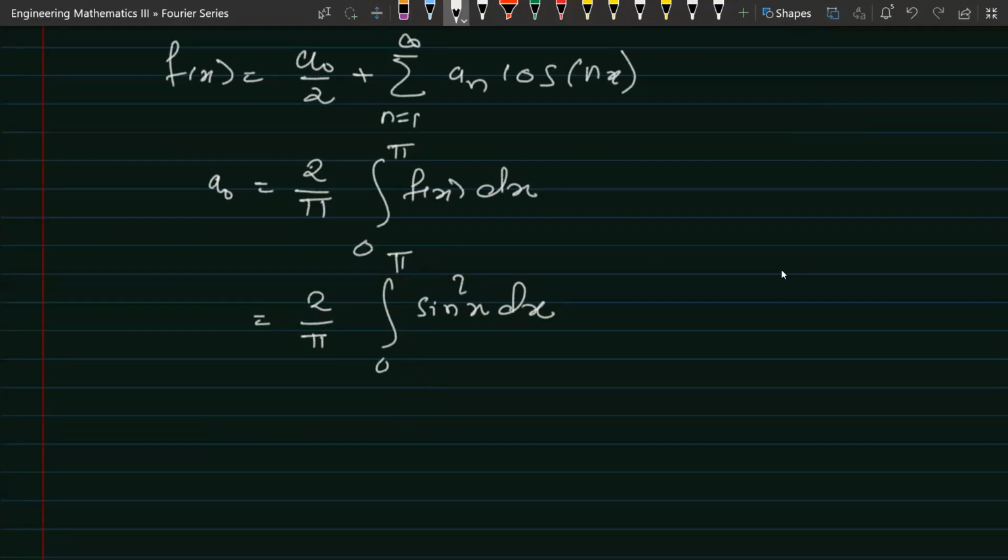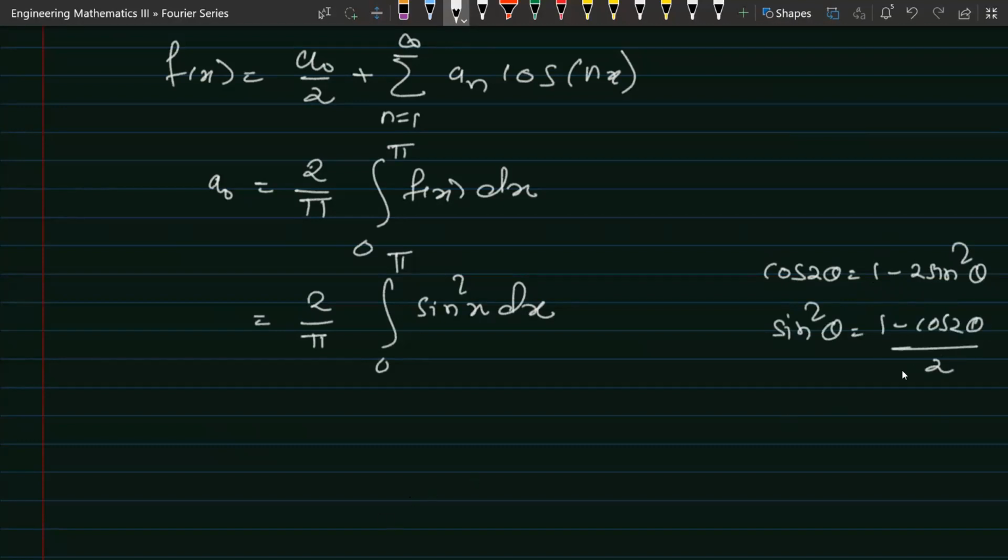The better way: we know that cos of 2 theta is 1 minus 2 sine square theta. Am I right? It is a trigonometry formula, do you remember? Now we want sine square theta, which is simply 1 minus cos of 2 theta divided by 2.